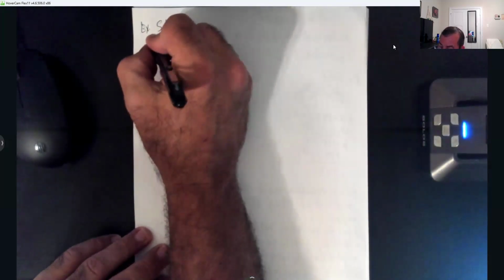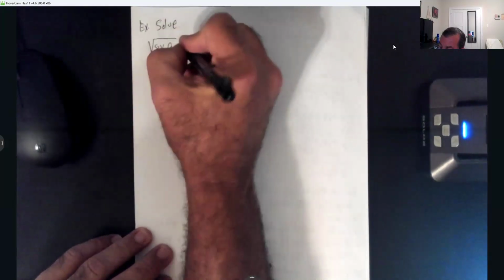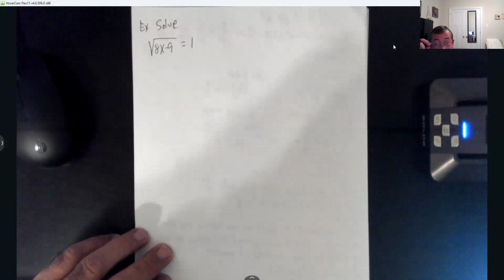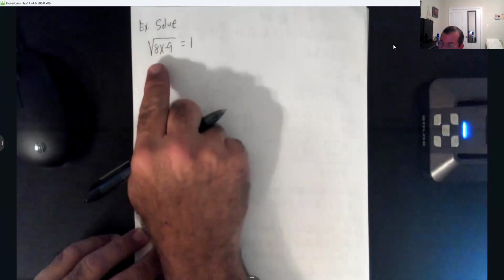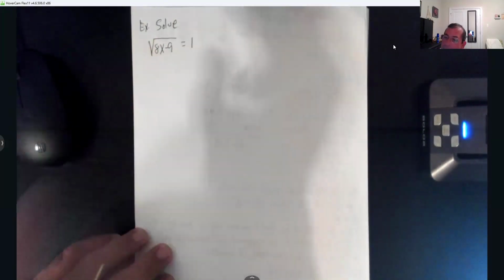And y'all, these will say solve. I got a square root, 8x minus 9 equals 1. Now notice, this radical is by itself because that 8x minus 9 is under that radical, okay?